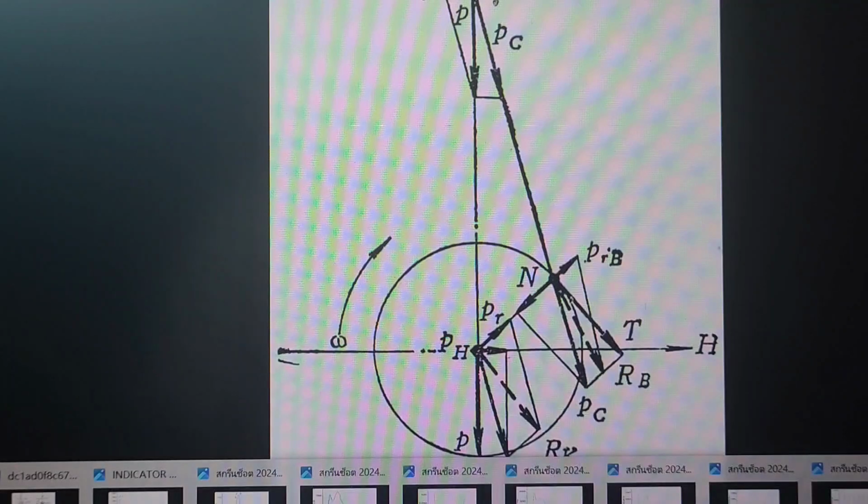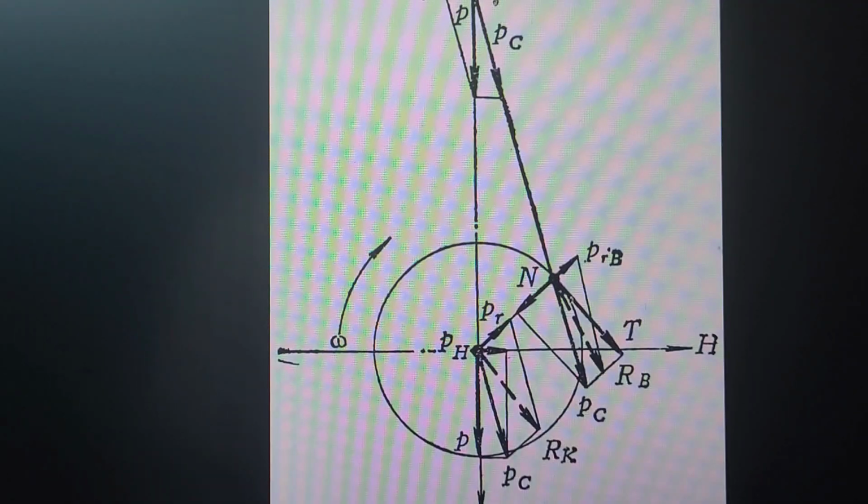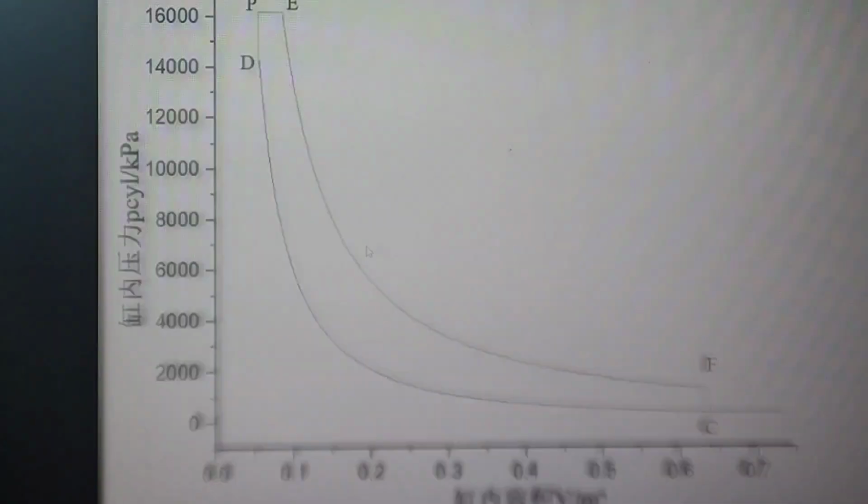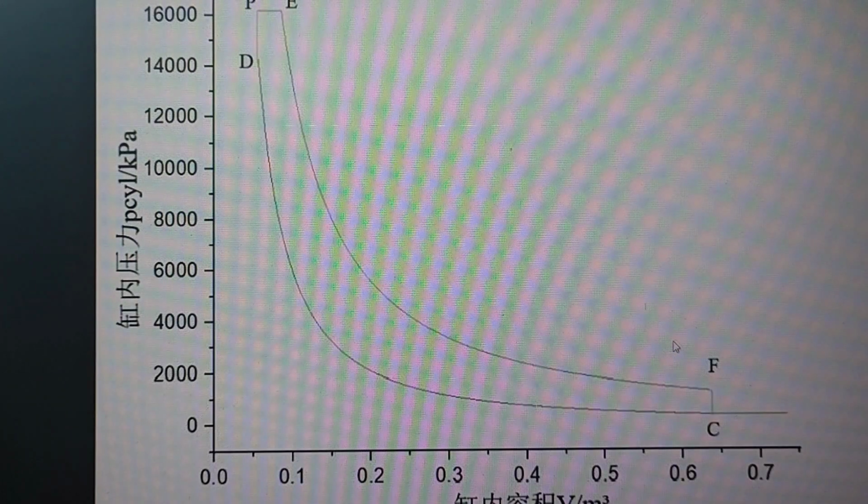And I did some detailed thermal calculations which show the indicator diagram like this. Here is the end of the scavenging, which also represents the start of the compression stroke, which will end here.